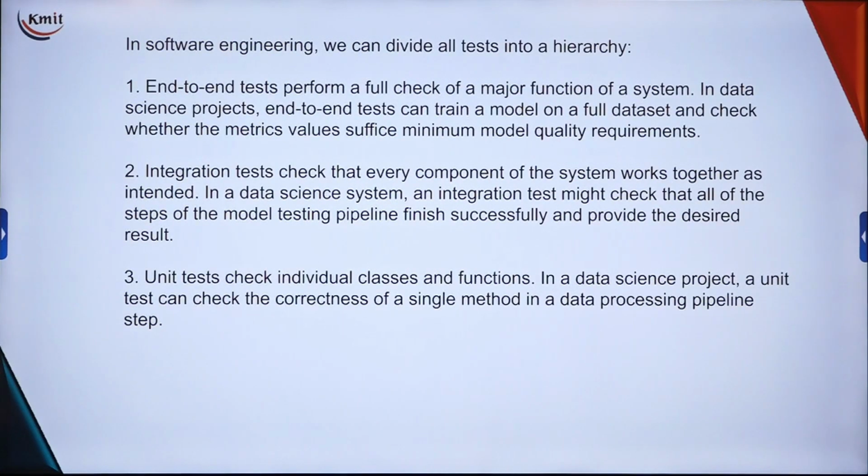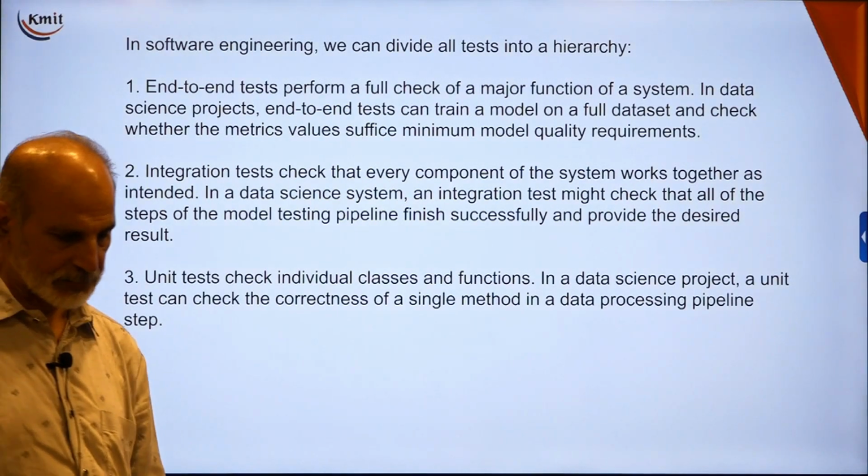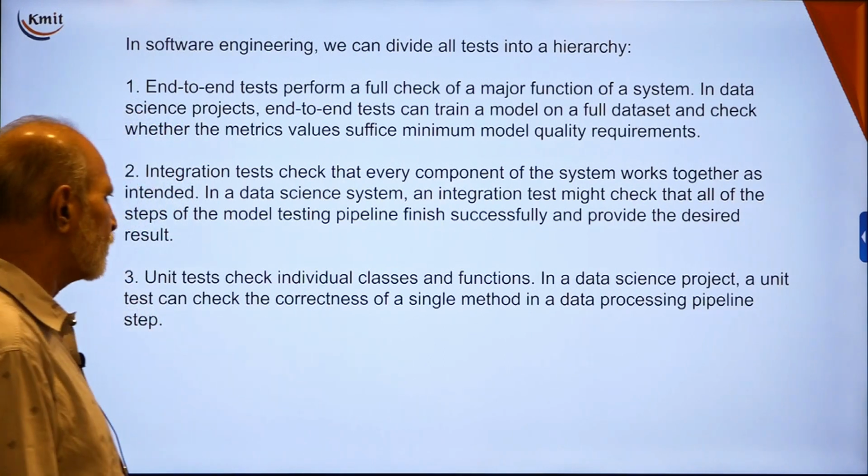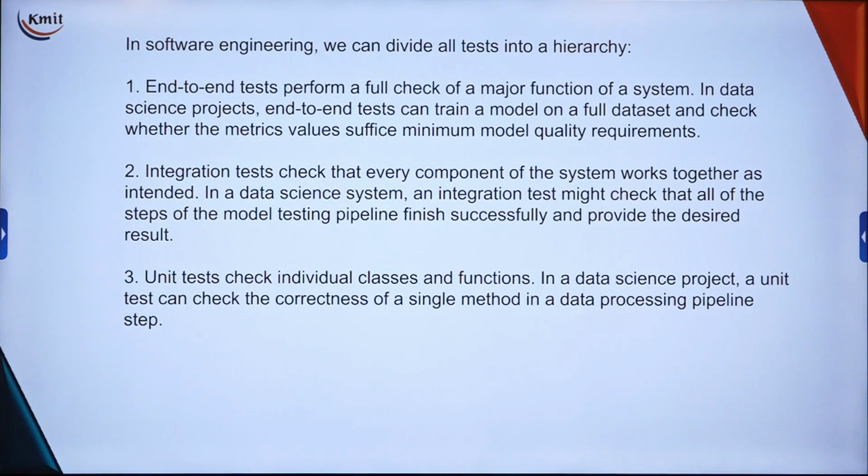In software engineering, we can divide all the tests into a hierarchy. Number 1, end-to-end. Number 2, integration test, and number 3 is unit test. I hope every one of us is familiar with the software testing methodology. So we can do a hierarchy and test the end-to-end test set, the integration test set, combining all the parts together, and finally a unit test.